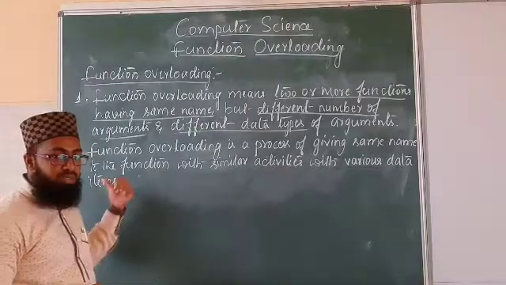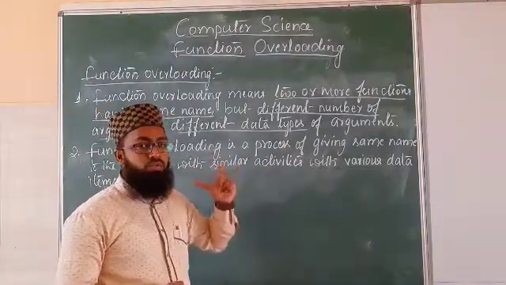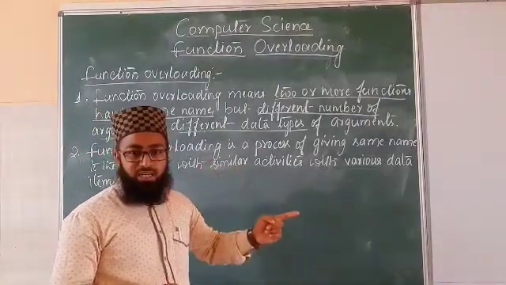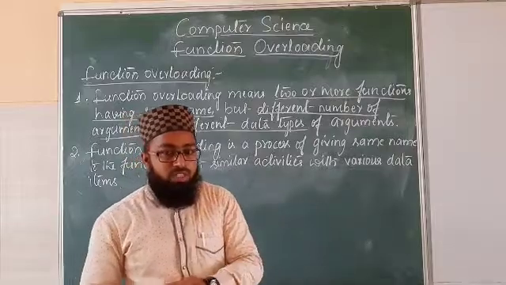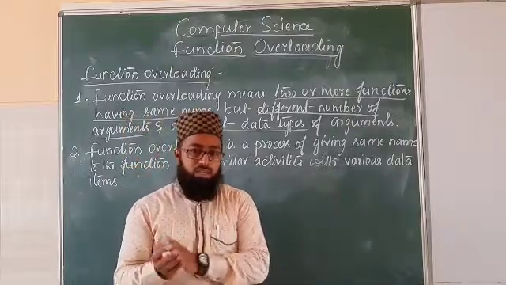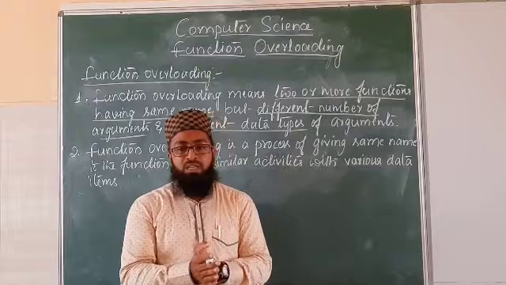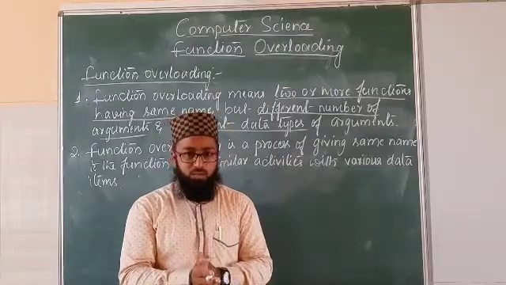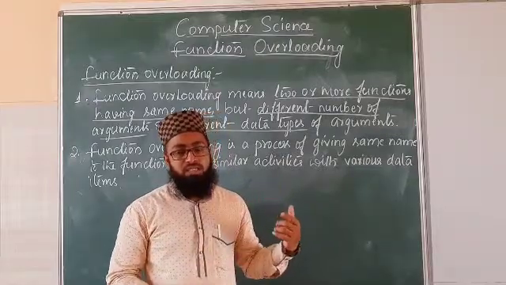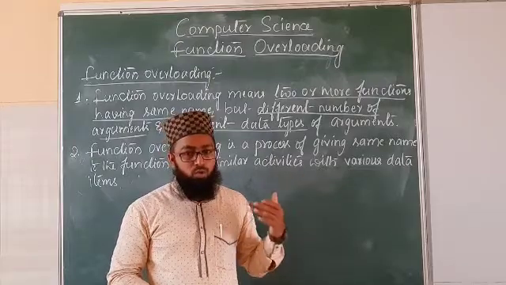The first function will do addition with integer data type, the second function will do addition with float data type, and the third function will do addition with character data type. So this is actually called function overloading.